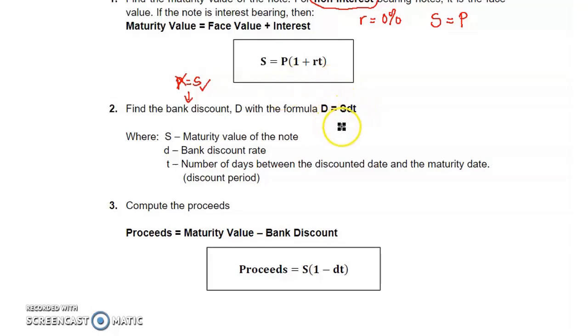S is the maturity value, d is the discount rate, and t is the number of days between the discounted date and the maturity date. That is what we call the discount period.